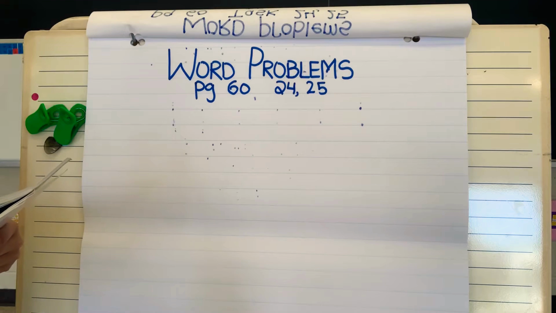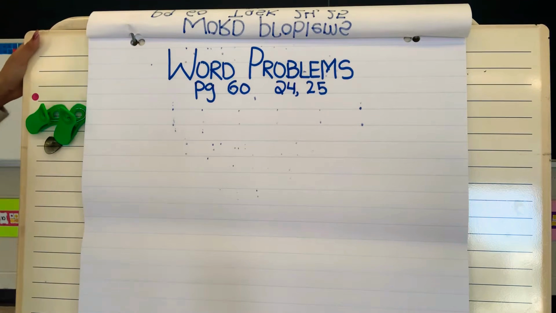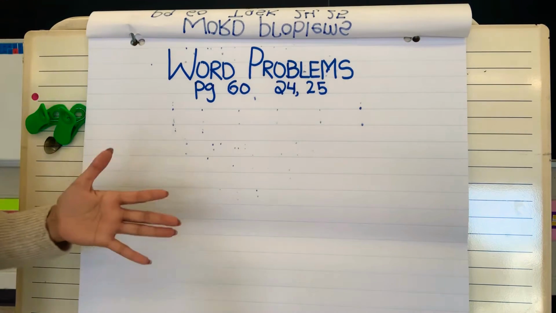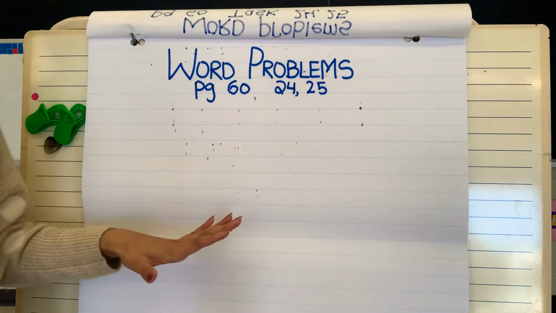Allie bought 5 boxes of cookies for $8. How much did 2 boxes cost? So we know that Allie bought 5 boxes, they cost $8, and we need to know how much 2 boxes cost.